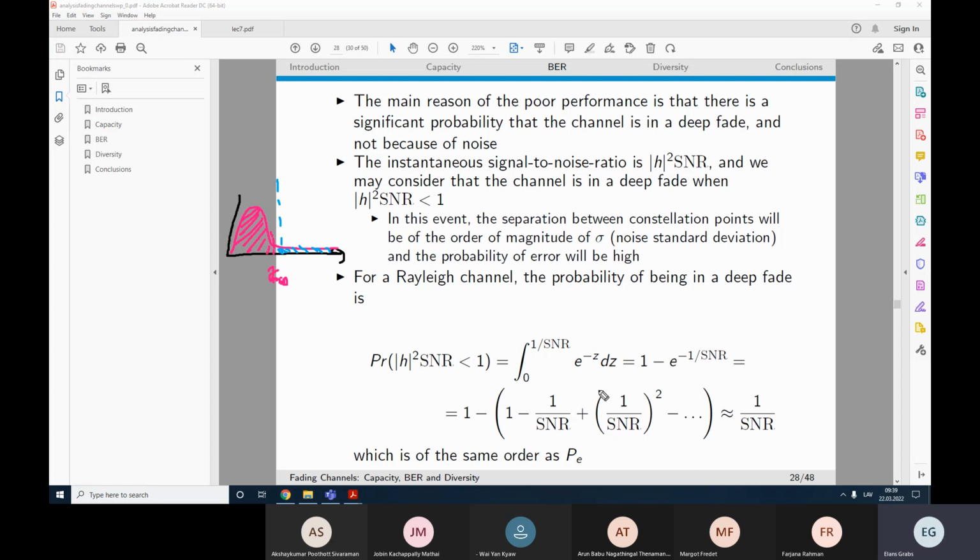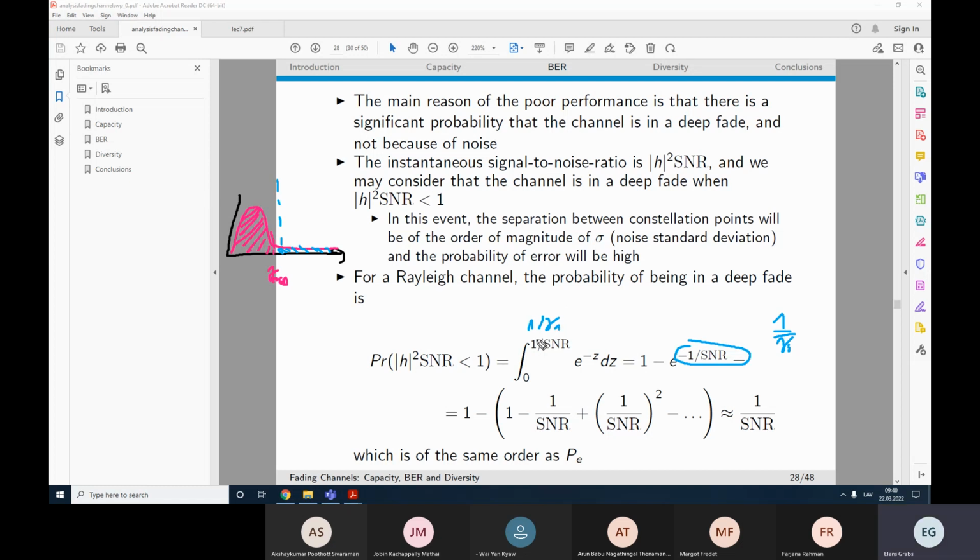Here again is the same formula, so Z is basically 1 divided by gamma. This is our gamma average, if I recall correctly. And this is the probability of being in this deep fade, 1 divided by gamma here.